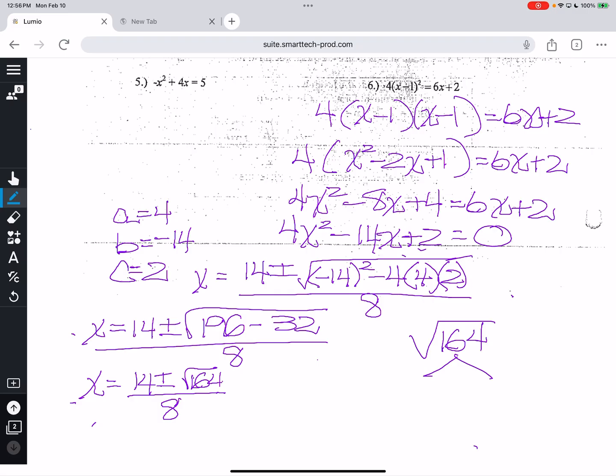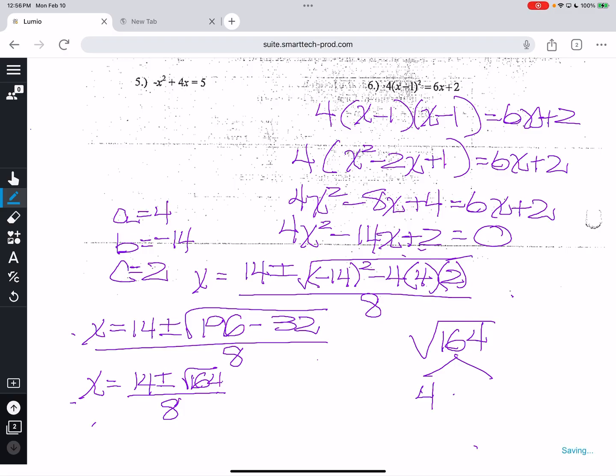When you FOILed and then distributed the 4, you should have gotten 4x squared minus 8x plus 4. You didn't distribute the 4. I did negative 4 instead of a positive 4. Oh, yeah, it's a plus 4. And then 4 minus 2 would give you the 2.